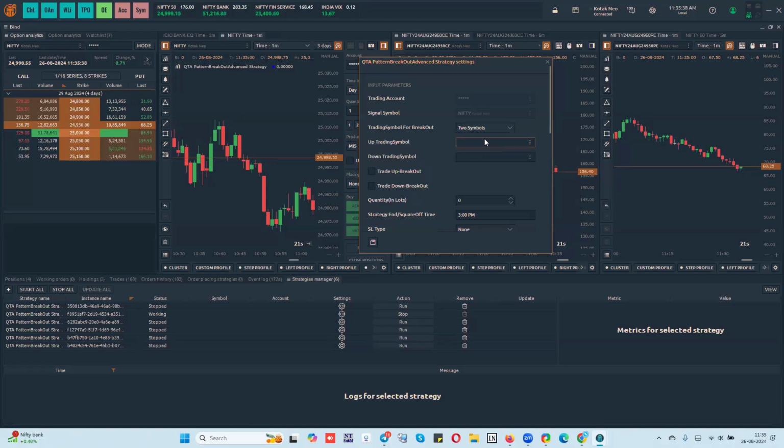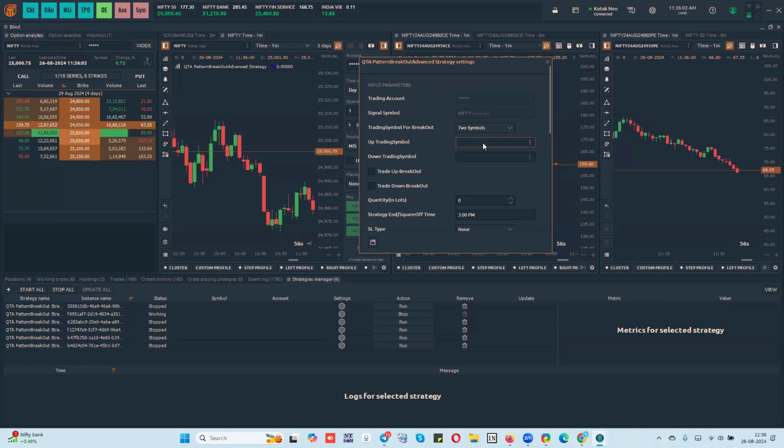The third option is trading two symbols, one on the up breakout. So you'll probably use Nifty as the base symbol, and then you would buy Reliance on a breakout to the upside, and sell ICICI Bank on a breakout to the downside. That way you could do different trades.